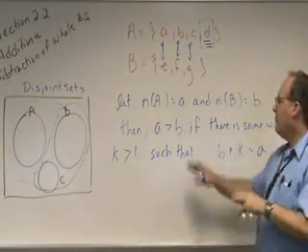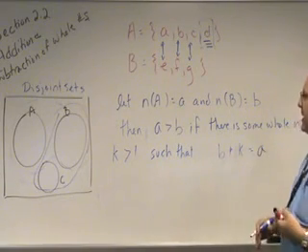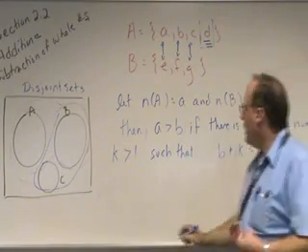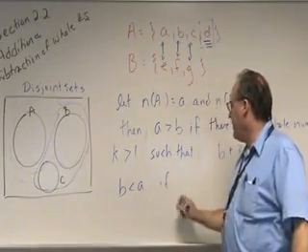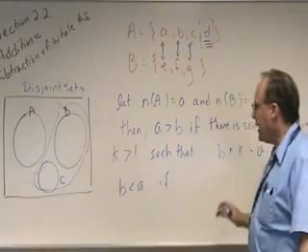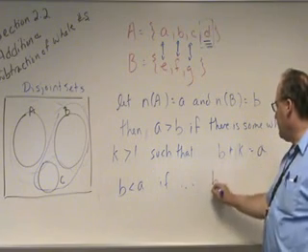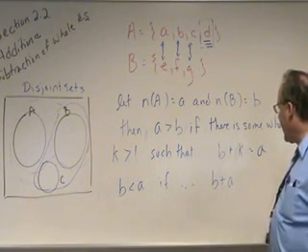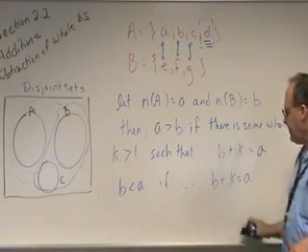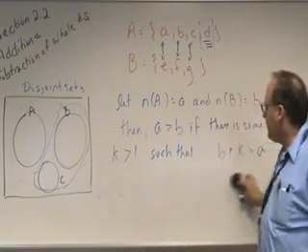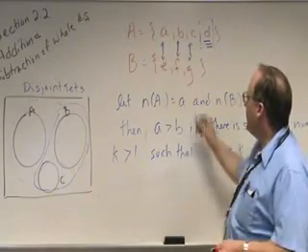Now, this idea of greater than, it'd be easy enough to write less than. We could say B is less than A if there is some whole number K greater than 1 such that B plus K is equal to A, and same sort of thing. So we can see this from a set theoretic perspective.